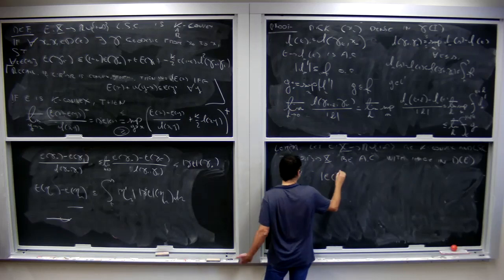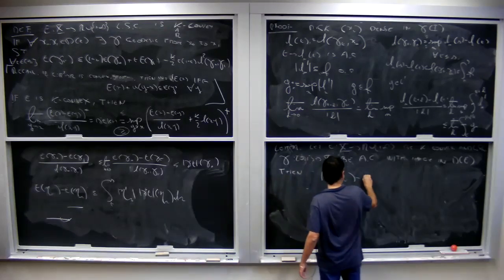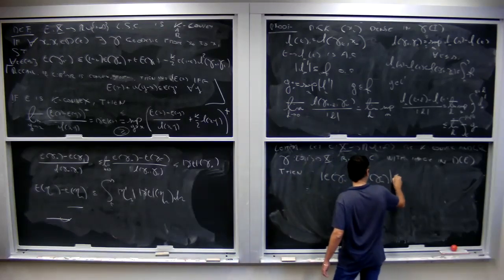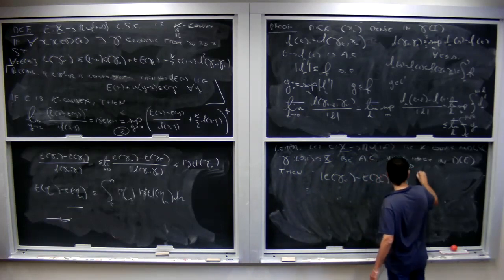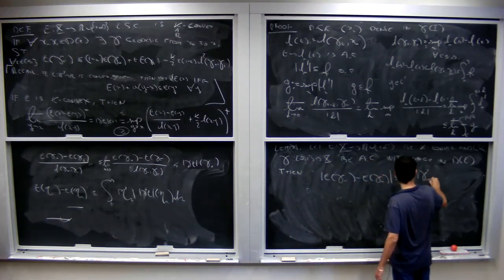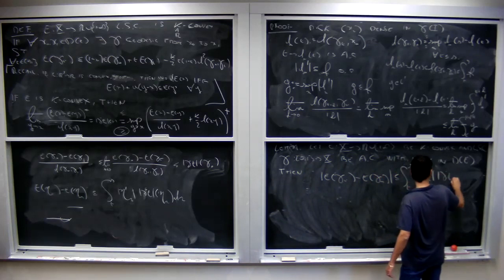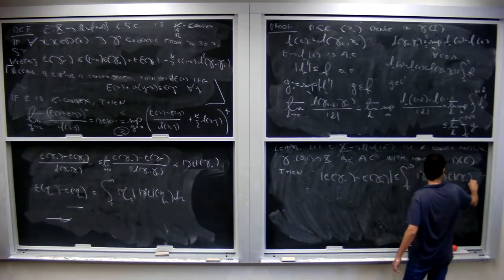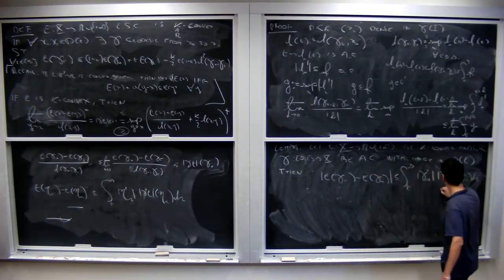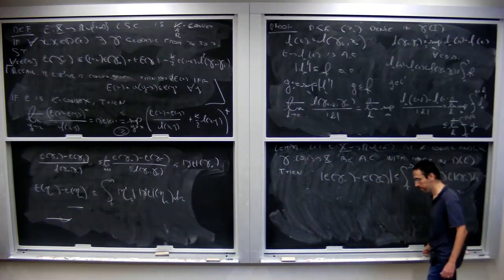I can bound the difference between the energy at gamma t and the energy at gamma s via the integral from t to s of the speed times the slope, for every t less than s. Okay.